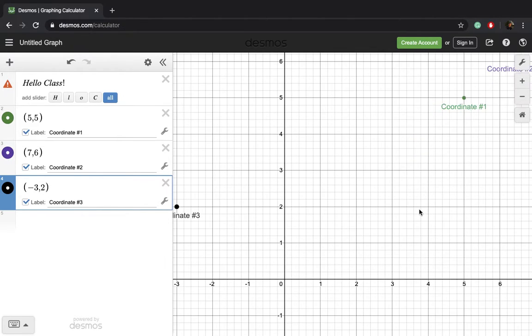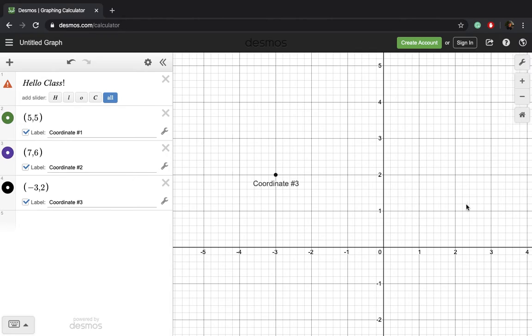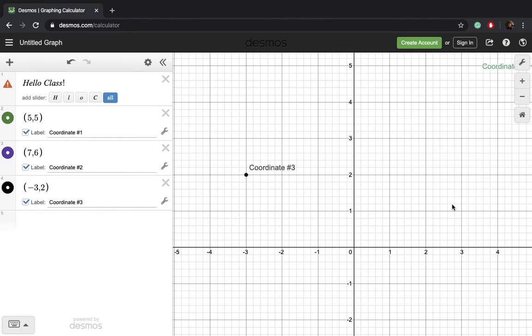Let's zoom in. I'm still confused. So here I'm at 0, and my x-axis is left and right. If you don't get it, I'll explain it to you. Your x-axis is left and right. So am I going to go in the positive direction or negative direction? Negative, because it's -3.